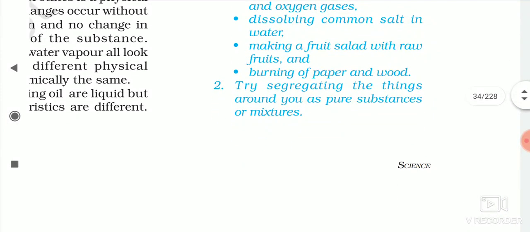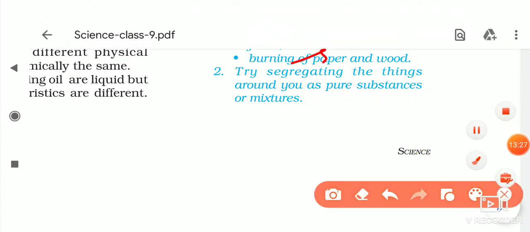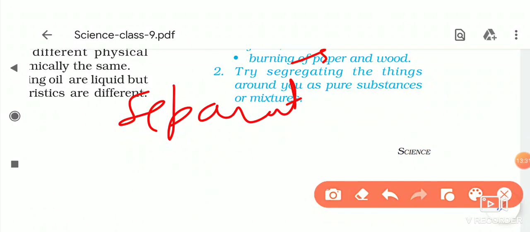Now the second question: segregating. Segregating means we have to separate. Segregate the things around you as pure substances or mixtures.